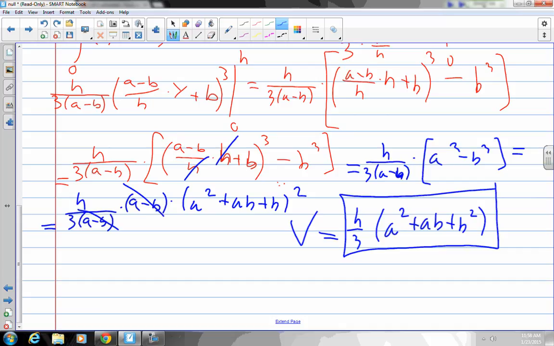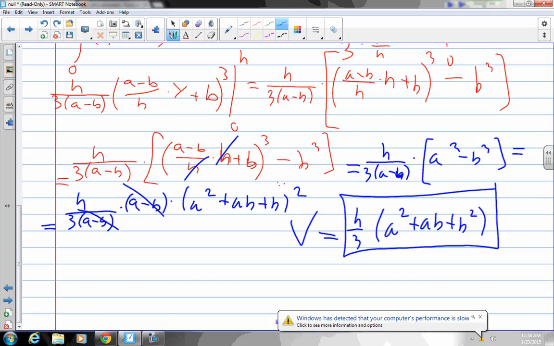Is that right? Yes. So that's the volume of a frustum. Very frustum type of problem, right? Well, it's definitely on the homework. Maybe not this messy, but the same idea that you can slice them and add them together.